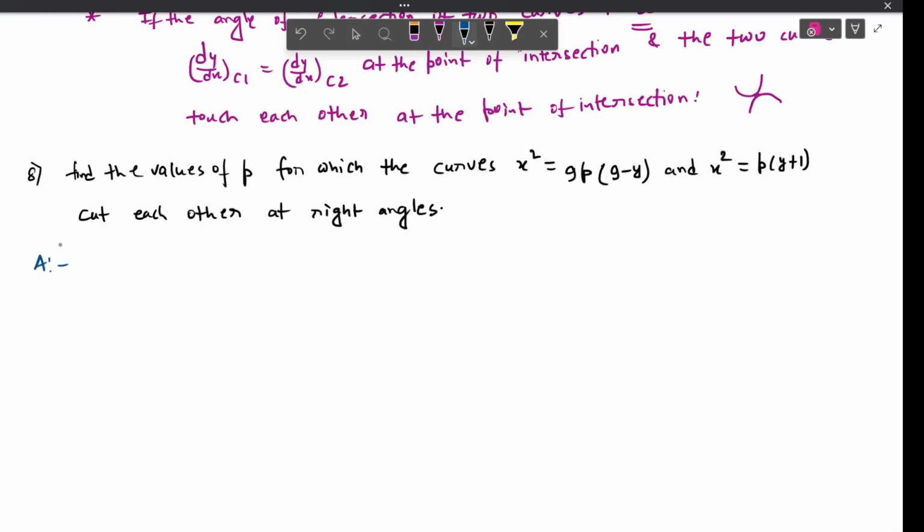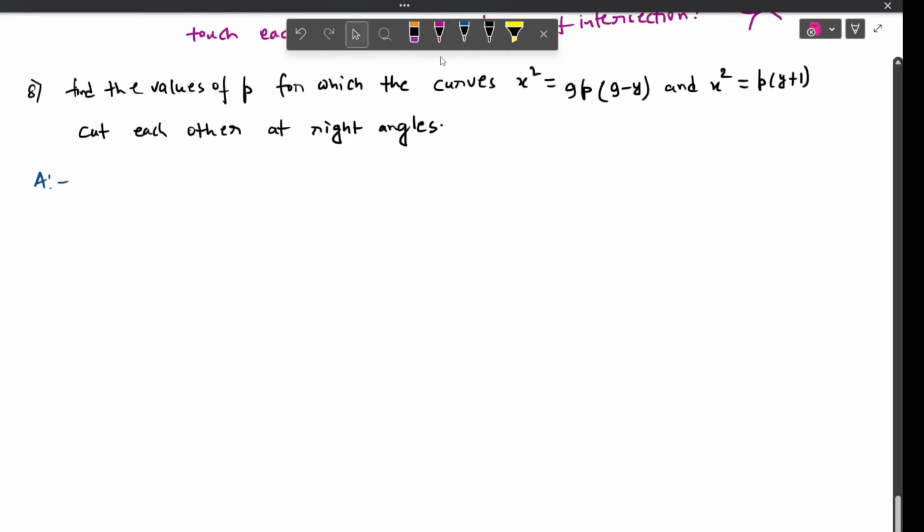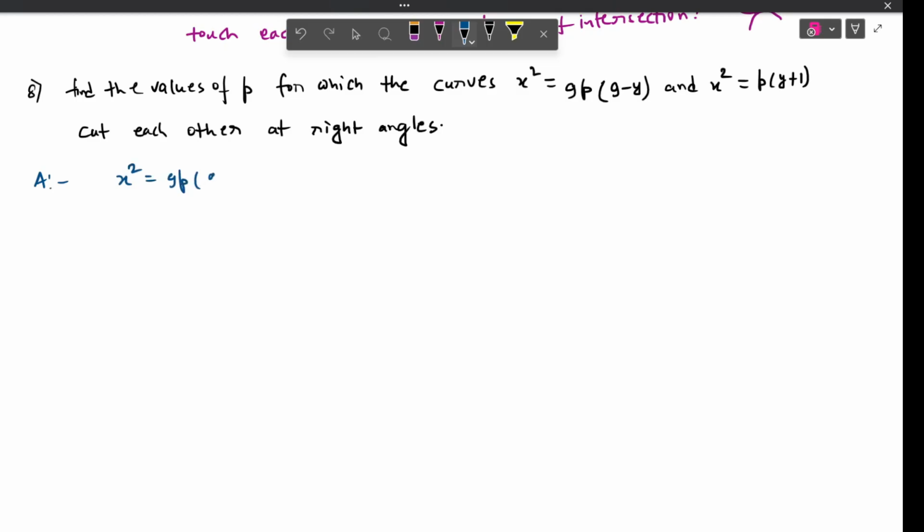let's see the solution. So the curves are given as x square equals 9p into 9 minus y and x square equals p into y plus 1.